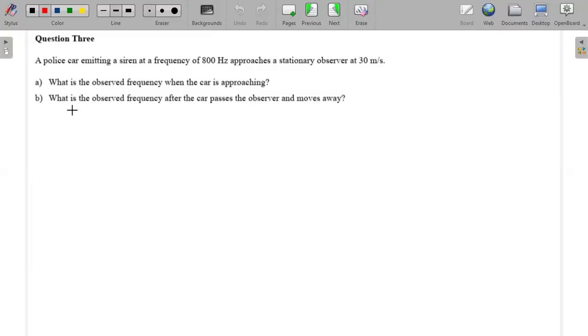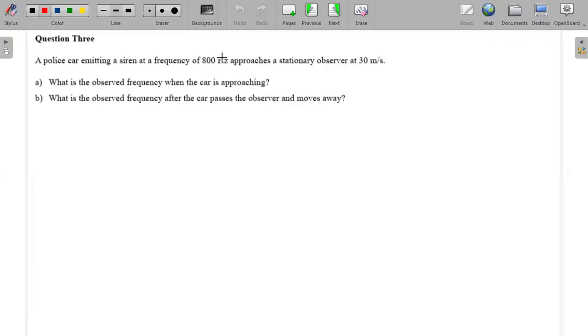A siren is, of course, producing sound waves, and they're saying it is producing those sound waves at a frequency of 800 Hz, and it is approaching the person, which means it's moving towards the observer. It's not stationary. It's getting closer to the observer at a speed of 30 meters per second.